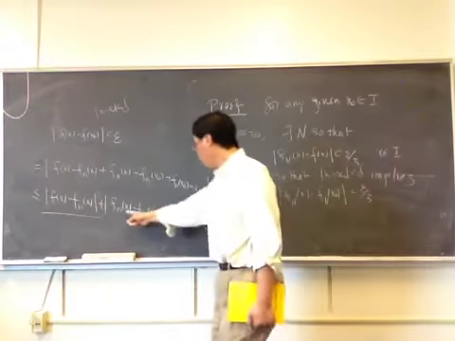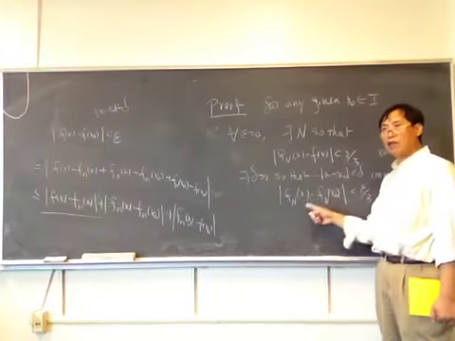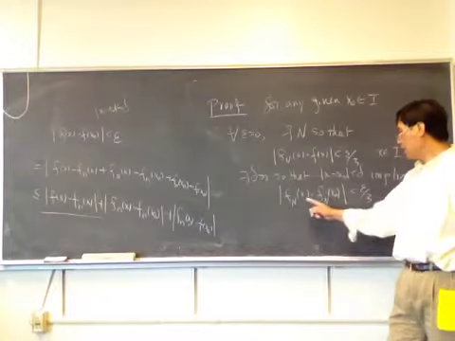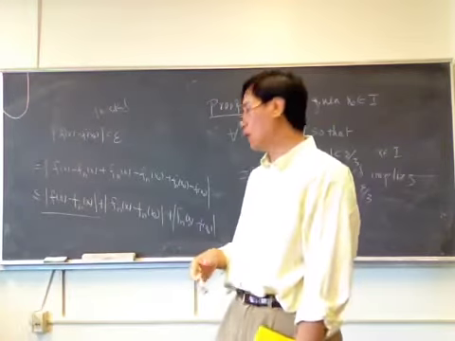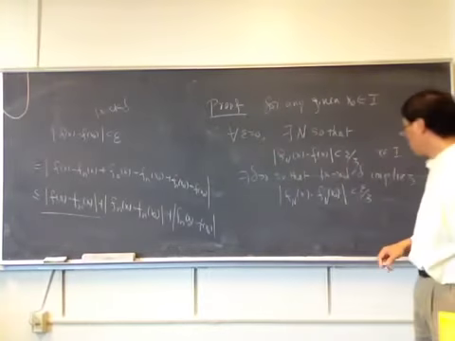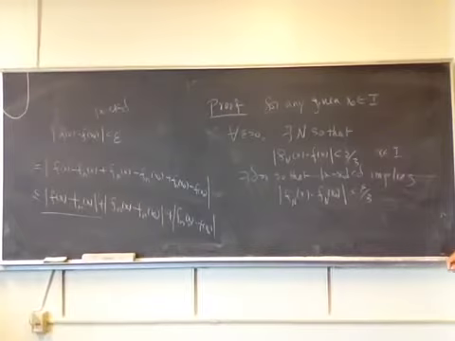Now for this term, if you fix capital N, that's a continuous function, right? For each fixed n, fn is continuous. So I know that this can be arbitrarily small if x is close to x0.